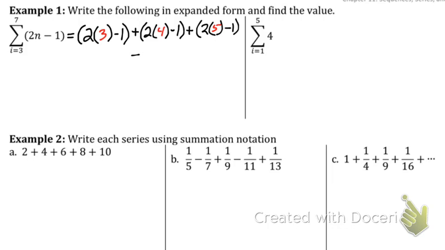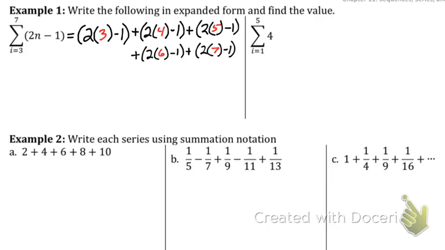Good thing we just have 2 more to do. So we'll have 2 times 6 minus 1 plus 2 times 7 minus 1. All I did is replace all of my n values with 3, 4, 5, 6, 7.